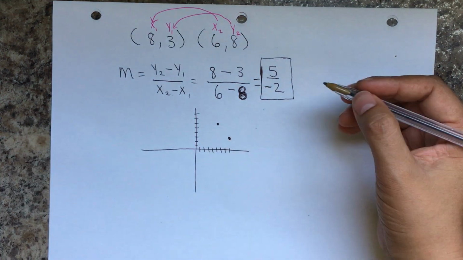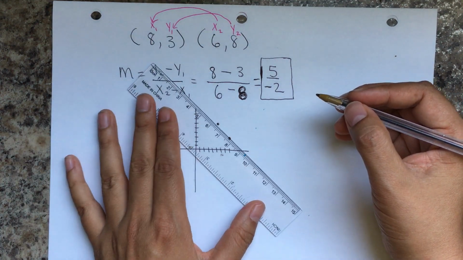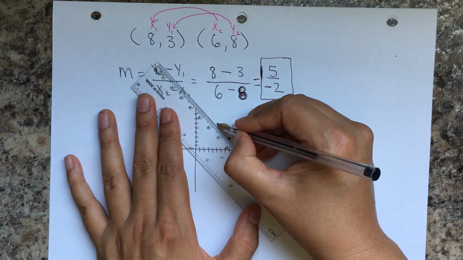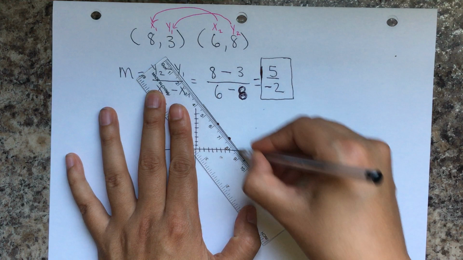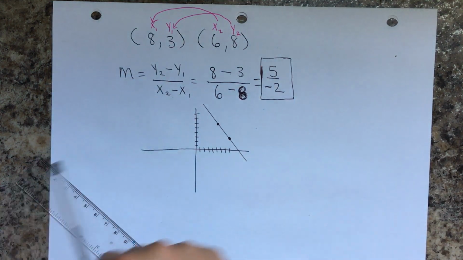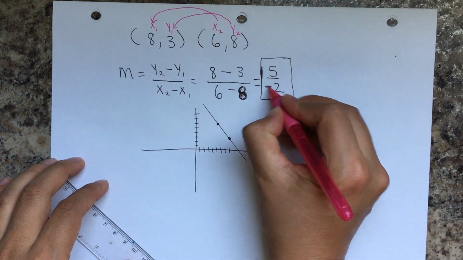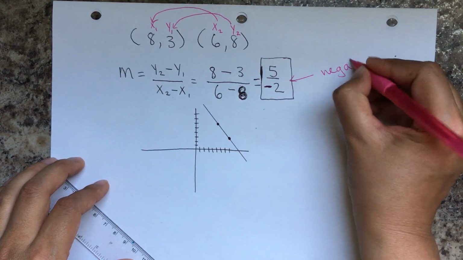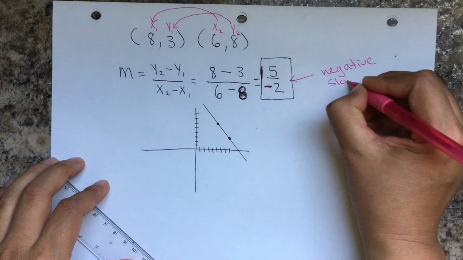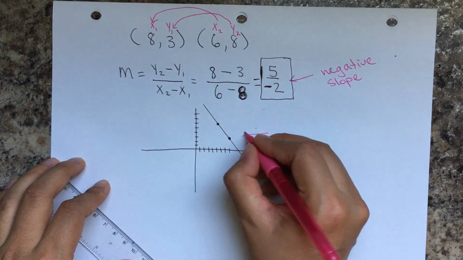Okay, what do you notice? What kind of line do we have? Well, guess what? We have negative slope and we have a negative line.